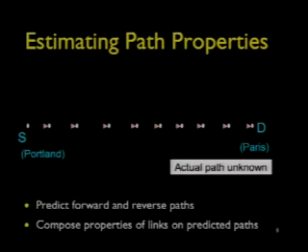So let's see how exactly we do that. Say there is some source S and destination D between which we want to make an estimate, and we don't have control over either, so we don't know the path between them through the internet.